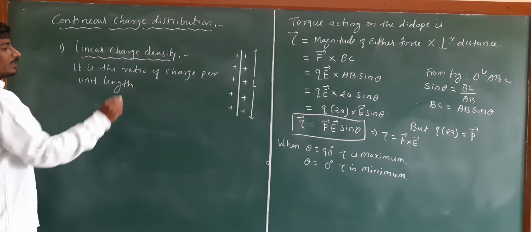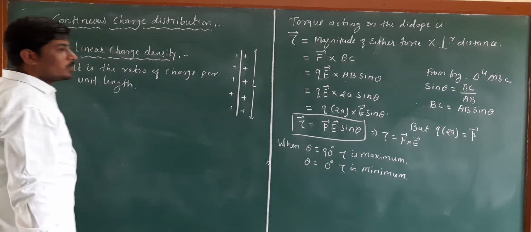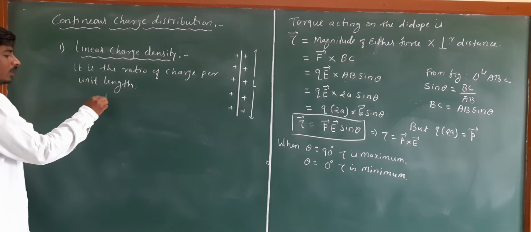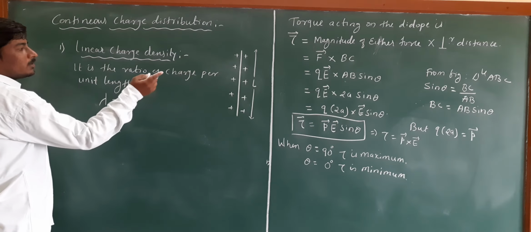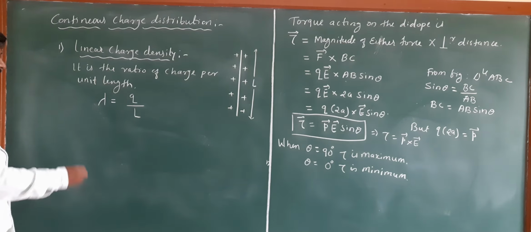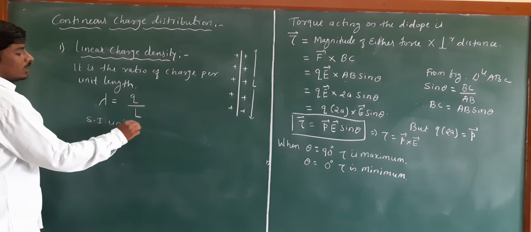It is denoted by the symbol lambda, which is equal to Q divided by L, and the SI unit of linear charge density is coulomb per meter, as the unit of charge is coulomb and the length is in meters.